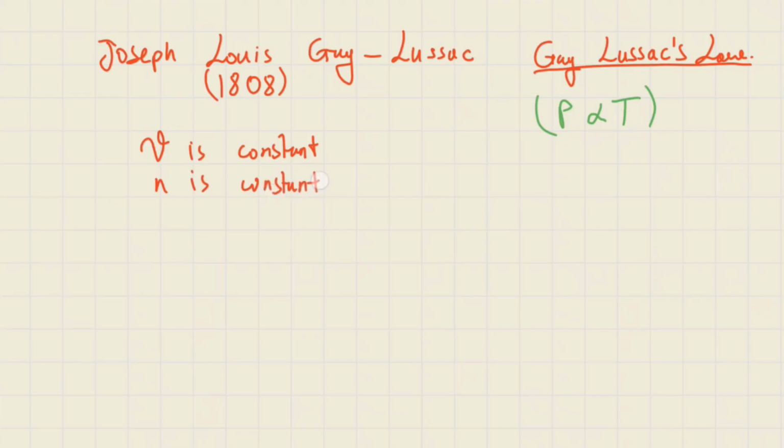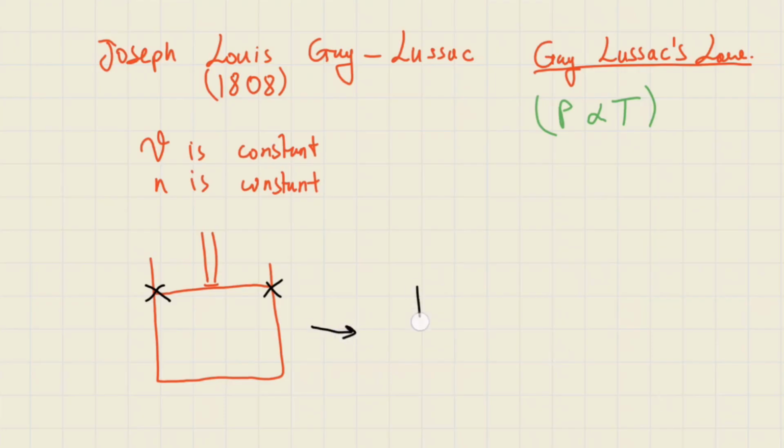We cannot change the amount of gas and its volume, which means that if we have a container where the piston is not movable and we increase the temperature, the volume will stay the same, but the pressure will increase.